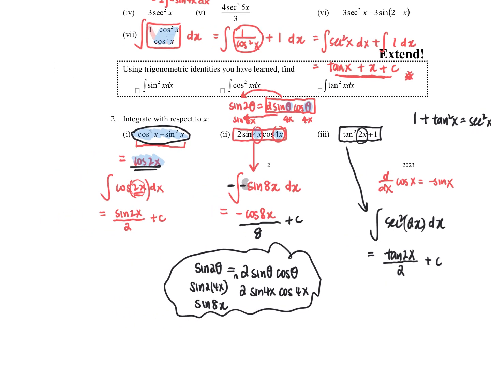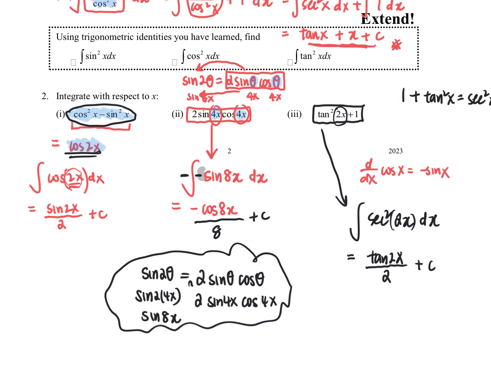This one, I'm still confused. Negative sine? Okay, this one you okay? When we differentiate cosine, we get minus sine, right? So we integrate minus sine, then we can get back cosine. But this one is a positive sine. So I need to make it negative sine, then I can integrate, get back cosine. So if I make it negative, outside I must put a negative to make it positive back.